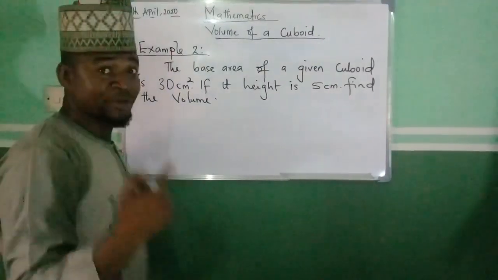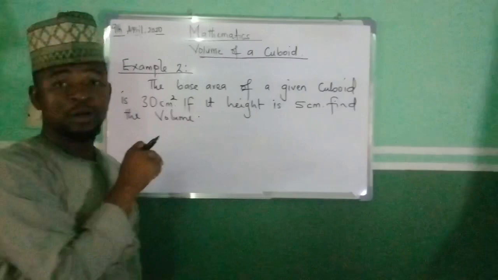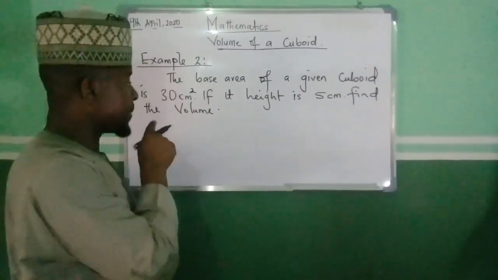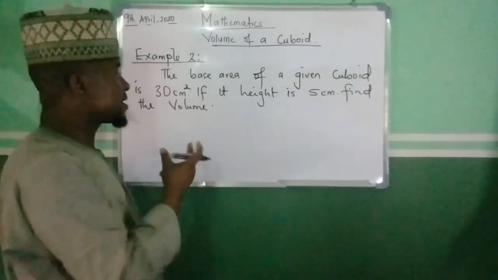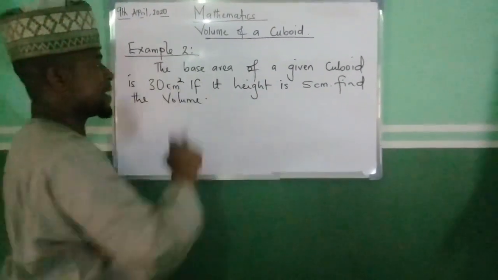I'm sure now in your mind you are beginning to see that we have only 2 values in the question. This implies that we are going to apply the second formula, in which we have the base area and height.